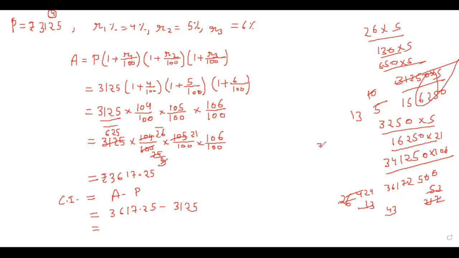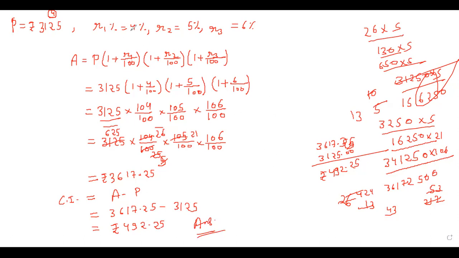So find the difference. 3617.25 minus 3125.00. 5 minus 2 is 3... so it is rupees 492.25, which is the answer.